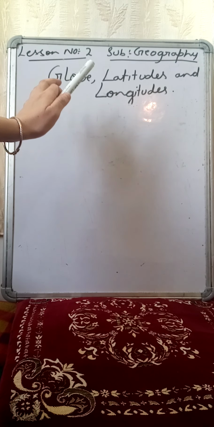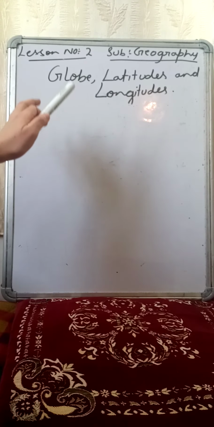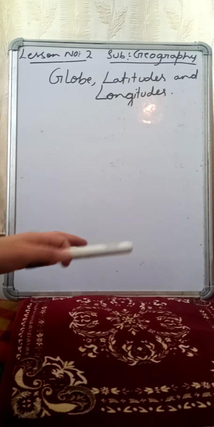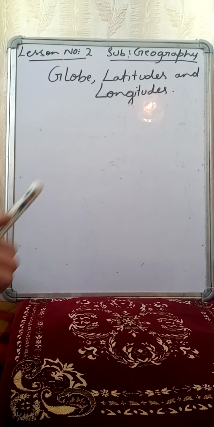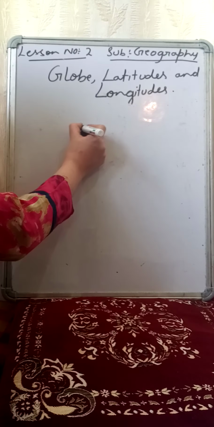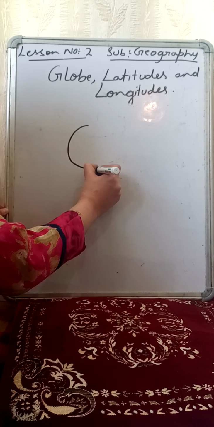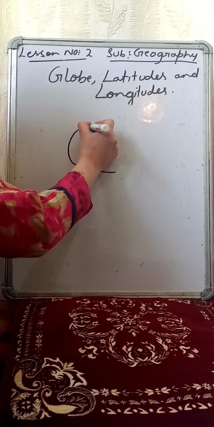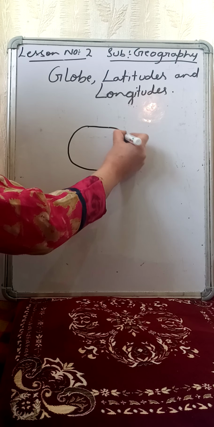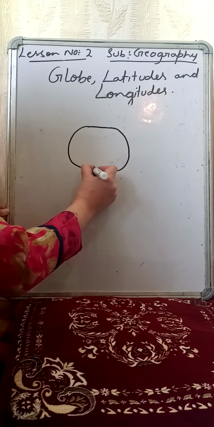So let's start. Before knowing what is globe, let's first understand what exactly is the shape of our earth. We all know our earth is spherical, like a ball, right? But it's not exactly like a ball. It's spherical like a ball from the sides and in the middle, but a bit flat at the top and at the bottom.